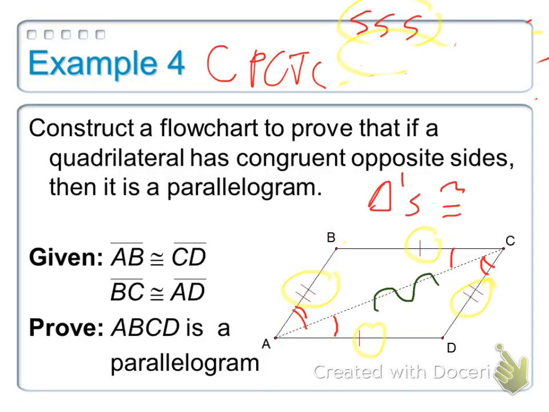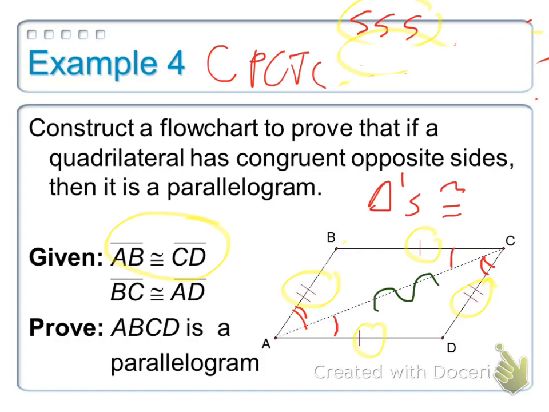So the first thing is we are given some things. So these are what we're given. AB is congruent to CD. So I'm going to write that in the first bubble. AB is congruent to CD.